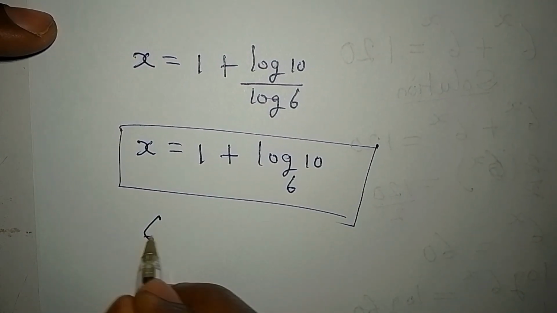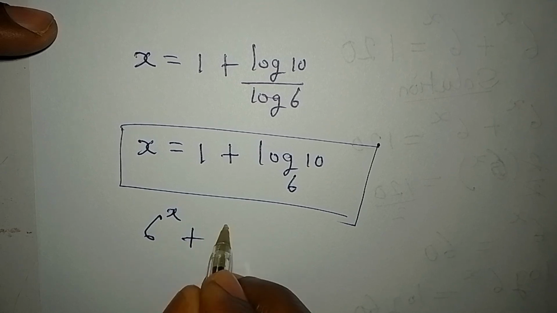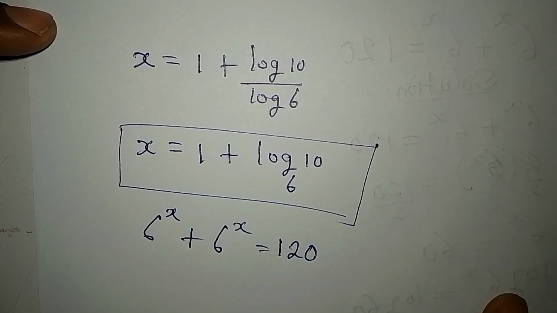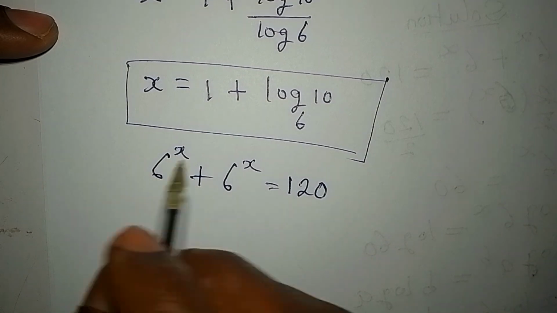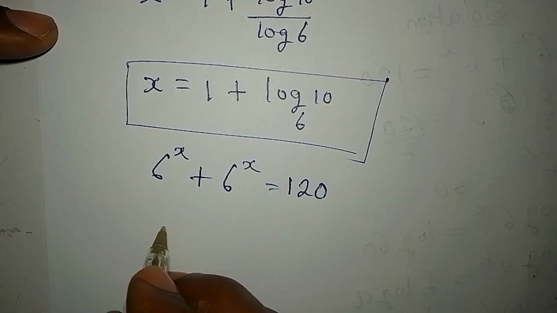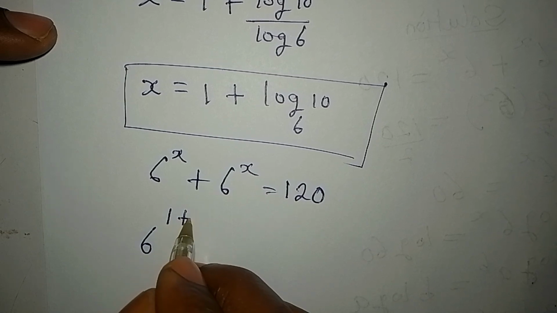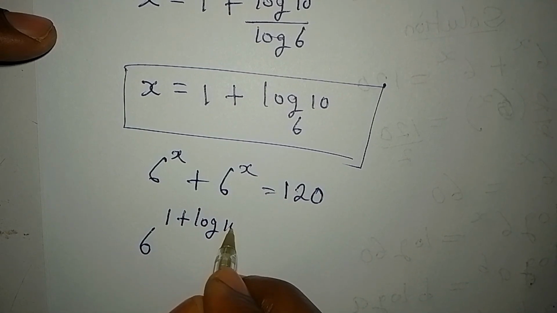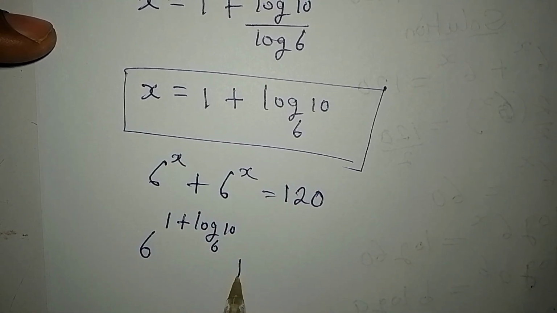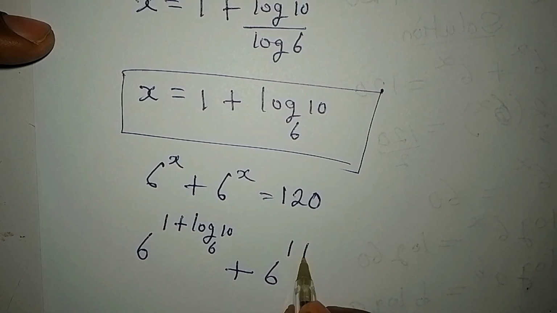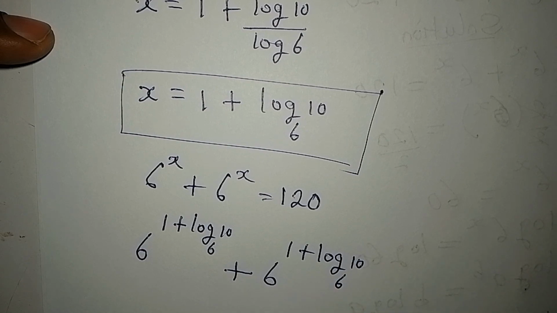We had 6 to the power of x plus 6 to the power of x equals 120. Now, in place of x, I'll be writing the whole of this. So we have 6 to the power of 1 plus log 10 to base 6, then plus 6 again to the power of 1 plus log 10 to base 6.